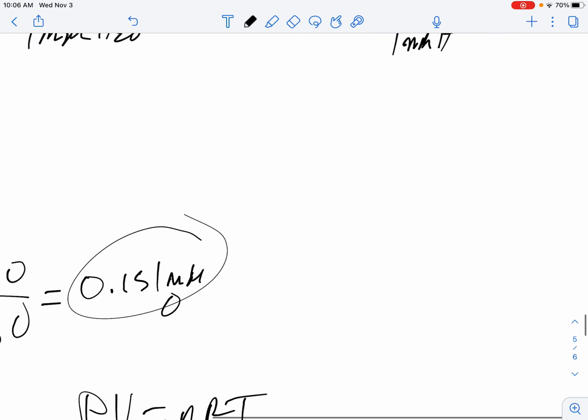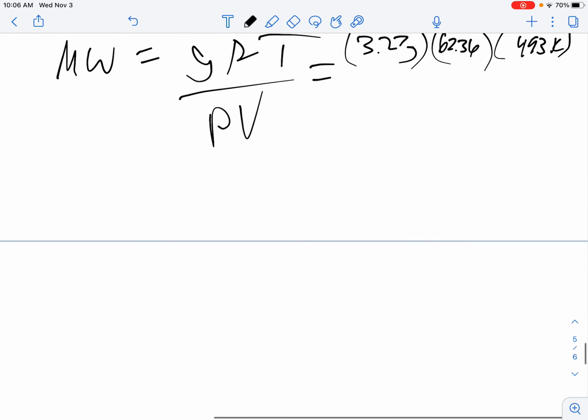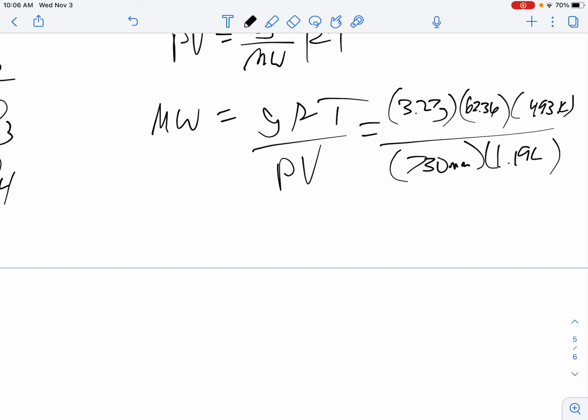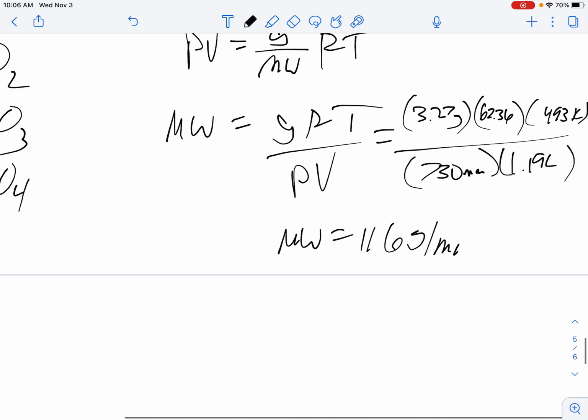And then the pressure, what they tell me, was 730 millimeters, in a 1.19 liter vessel. So what do I have? 3.27 times 62.36 along with a 493, divided by 730 and divided again by the 1.19 gets me a molar mass, a molecular weight of about 116 grams per mole.